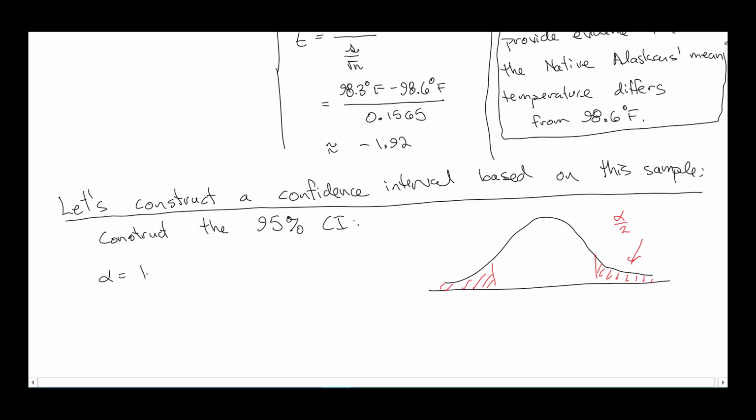My alpha is 0.05, right? So I'm going to put alpha over 2, which is 0.025 over here, which means that we also need alpha over 2, 0.025 here. And then we are going to label our t values, our critical values, t.025, negative t.025. Okay, so you would put those there, right?